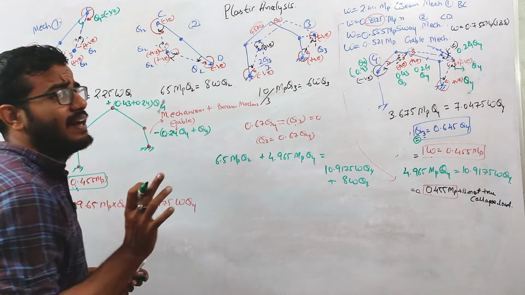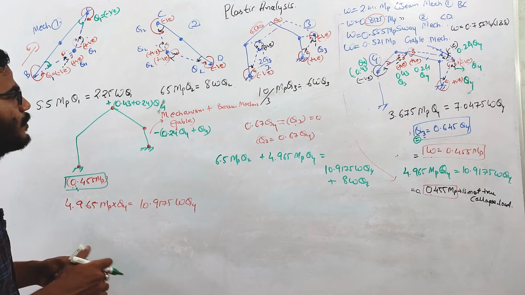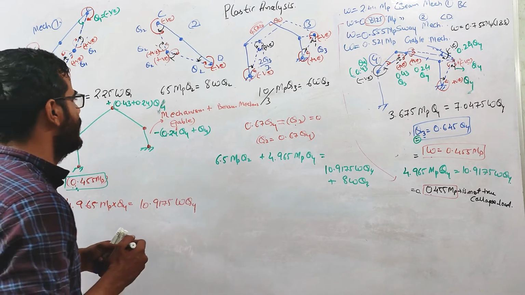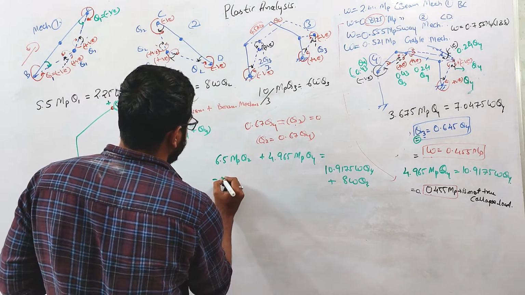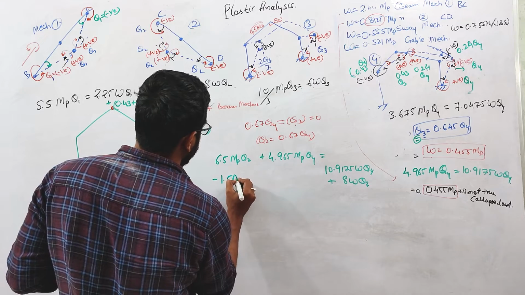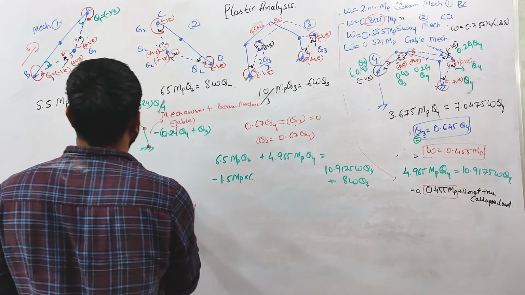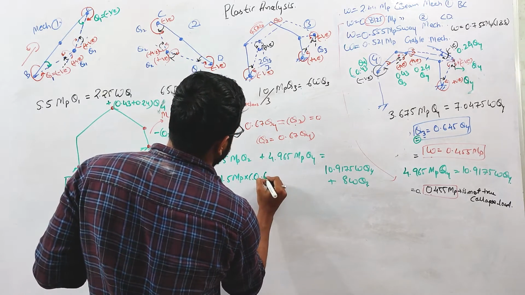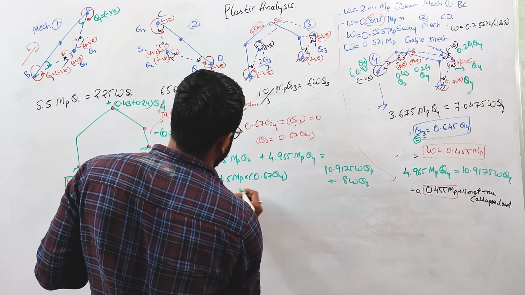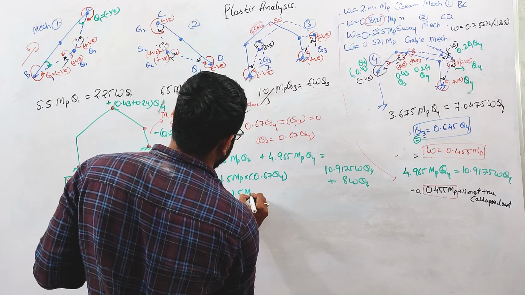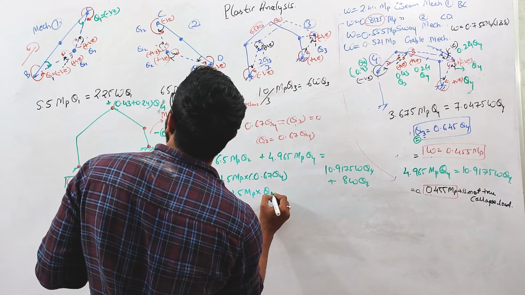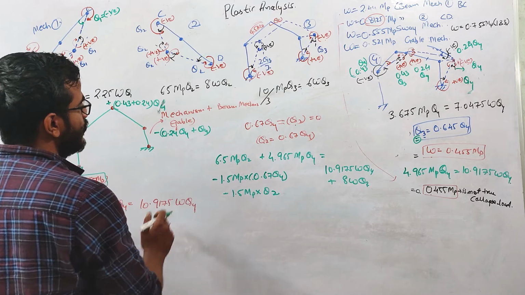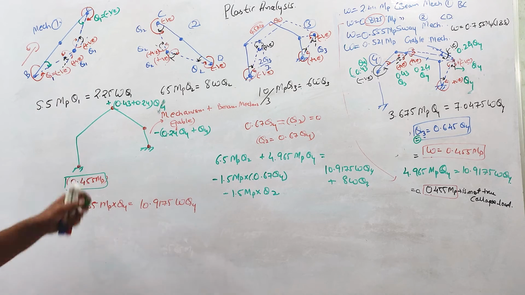Plastic hinge is not forming at C, so we need to cancel the internal work done over there. No internal work will be there. So this will be minus 1.5 MP into 0.67 theta 4, again minus 1.5 MP into theta 2. This is for the beam, and this is for the Gable mechanism, the combined mechanism.